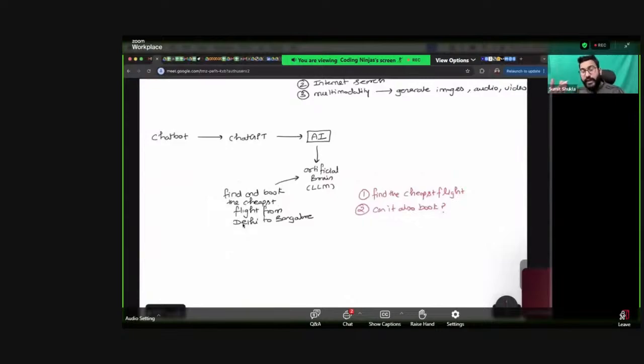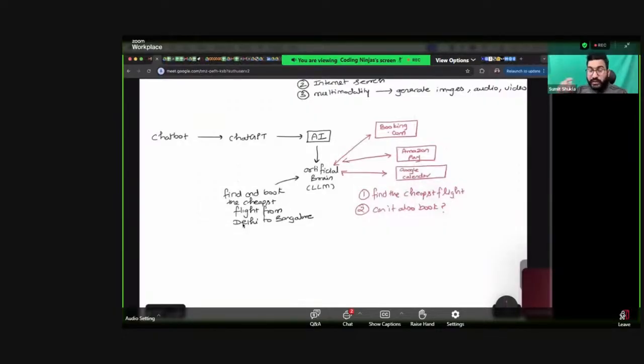But what if I provide the access? What if I connect this particular LLM with, let's say, booking.com? What if I connect it with my Amazon Pay account? What if I connect it with my Google Calendar?